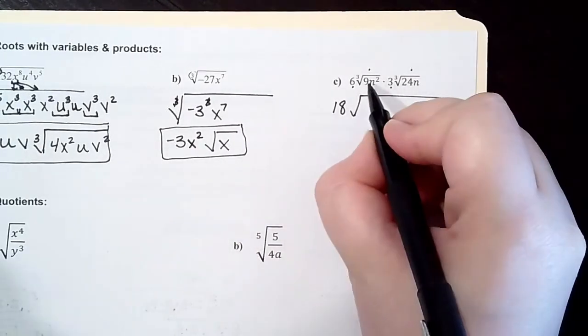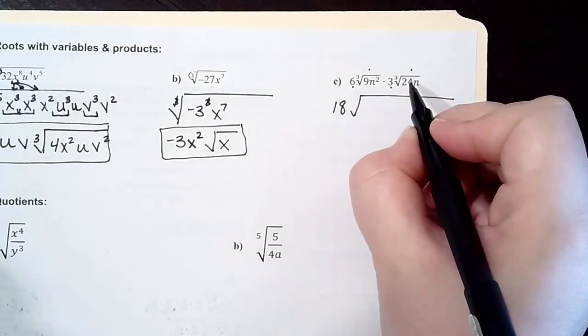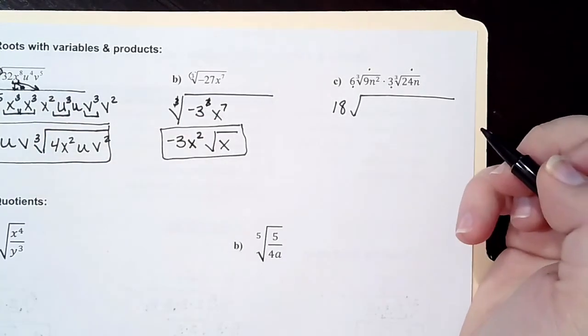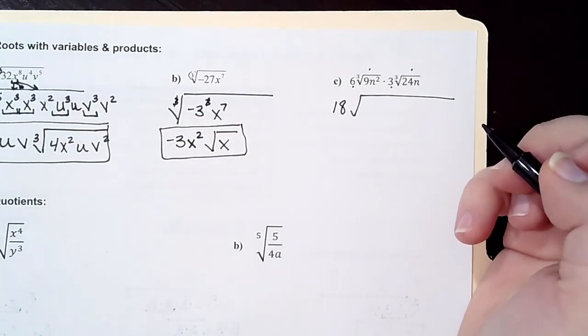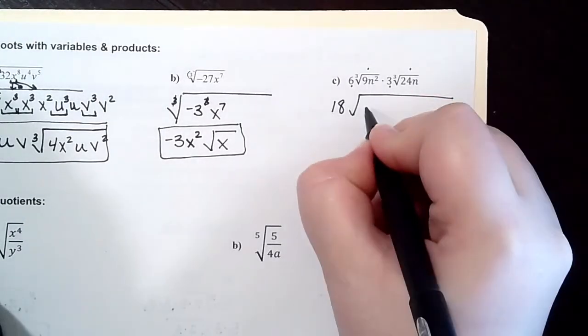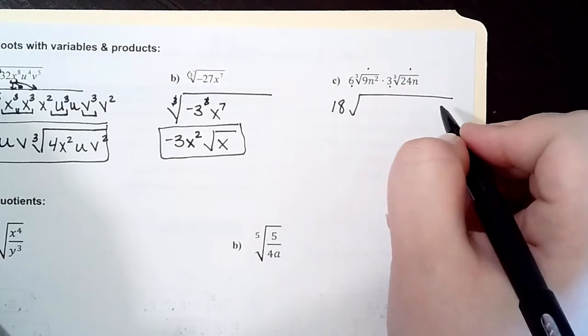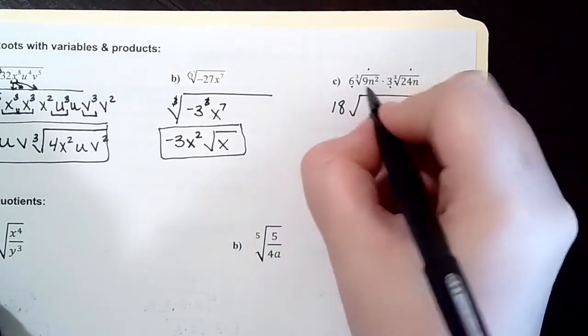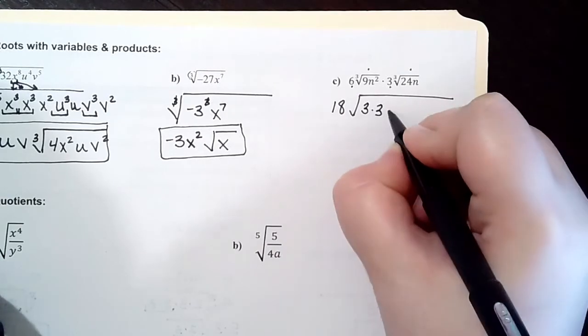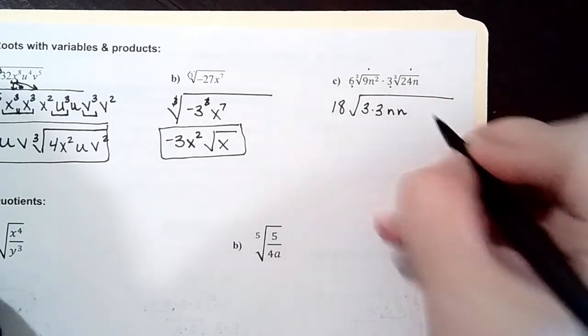And then I'm not going to multiply these because I know what I'm eventually going to do is break them down into their smaller parts anyway. So if I'm multiplying, I'm going to bring those together, but I'm going to break them down all in one large radical. So for example, this 9n squared is the same thing as 3 times 3 times n.